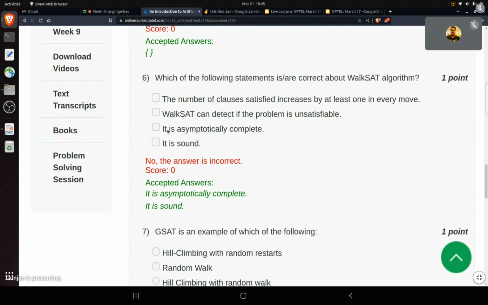Then you found a solution, right? But if the statement itself is not satisfiable, you will never find a solution, so it is not guaranteed to be complete. But I think the underlying assumption here is that the statement is satisfiable, and then it is asymptotically complete. Then I will not argue that it is incomplete.